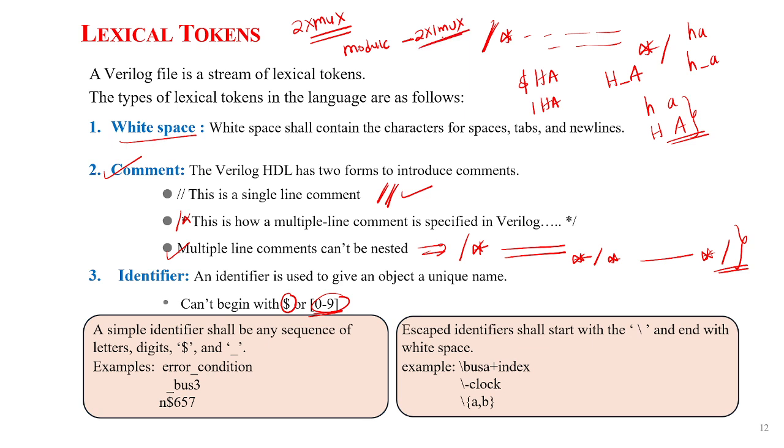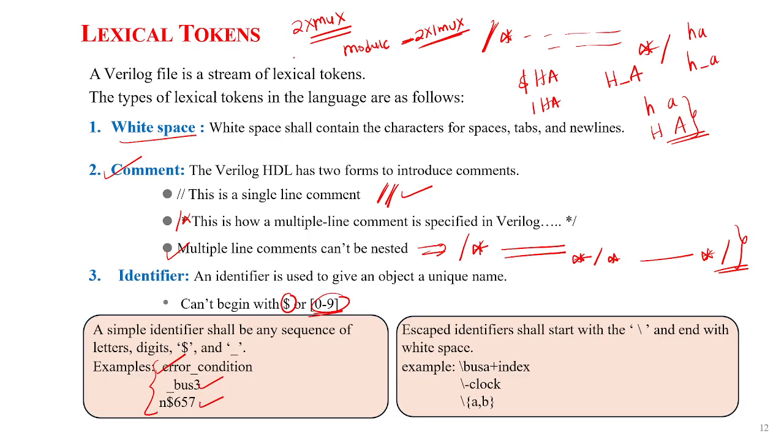Now it will take, it can start with underscore. Error underscore condition is also accepted, underscore bus 3 or n dollar, the dollar can come between letters and numbers. These are valid identifiers.